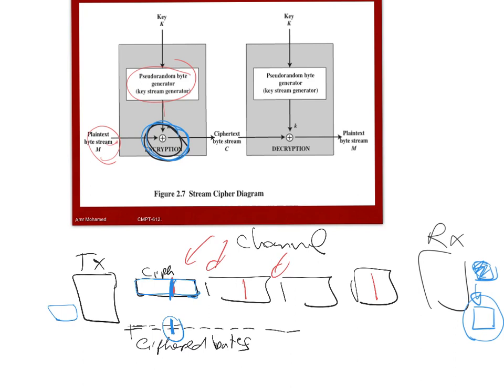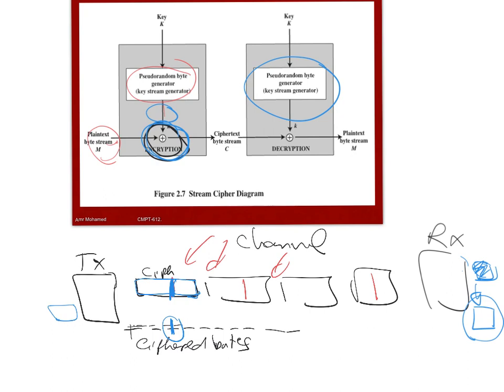This output is generated locally, and all you do is XOR. The decoder on the other side will generate the same random sequence and XOR it again. That's it.